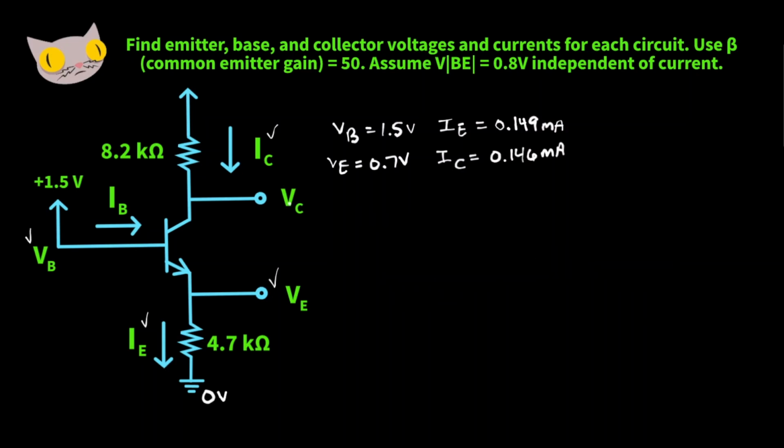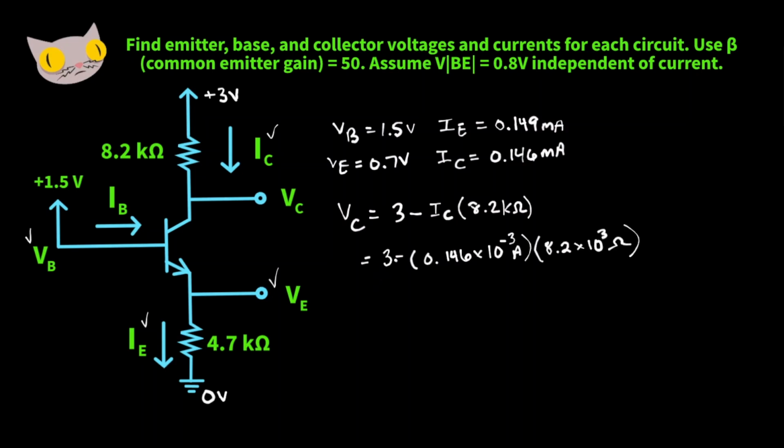Now for the voltage at the collector pin, we're going to need the voltage up here, which is positive 3 volts. I don't know why that disappeared. And we're going to subtract the collector current times this 8.2K resistor. So we got 3 volts minus 0.146 milliamps times 8.2 thousand ohms.